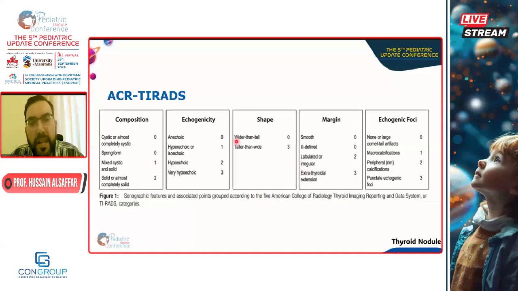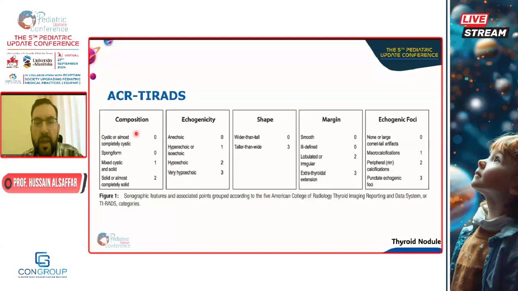Now, let's go back to guidelines. How shall we deal with thyroid nodules? I'm sure you are aware of the ACR TI-RADS. ACR is the American College of Radiology, which wrote up this thyroid imaging reporting and data system according to 5 components: the composition, the echogenicity, the shape, the margin of the thyroid nodule on ultrasound, and echogenic foci.